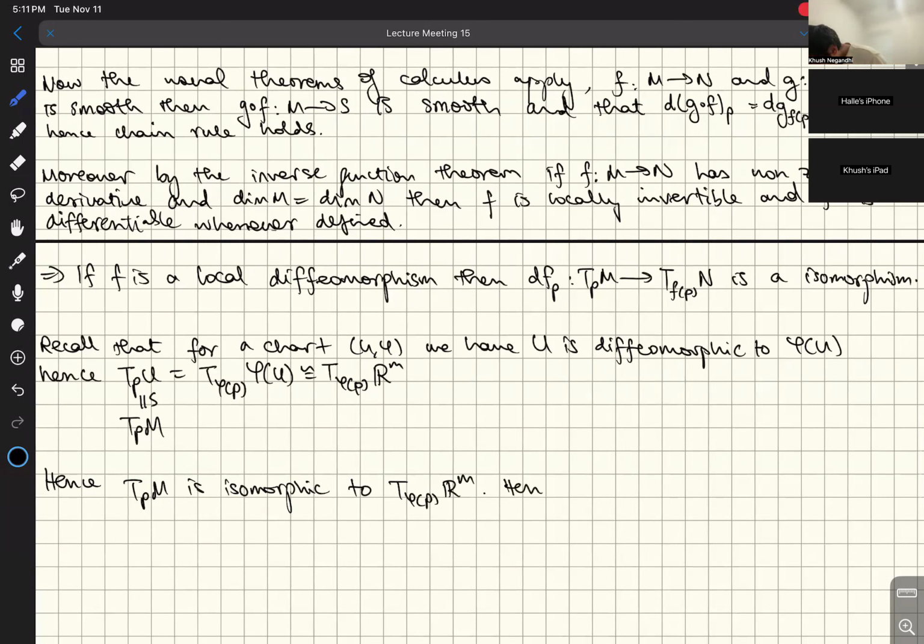Hence, and remember we saw that this is just isomorphic to Rm, hence T_pM is finite dimensional. Okay. Does this make sense?